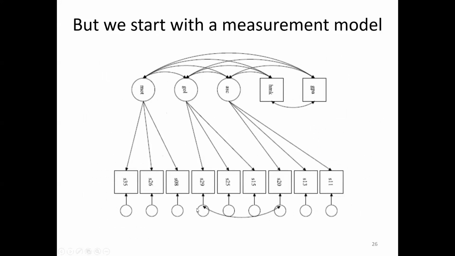We've got a correlation between the errors of items 20 and 29, which was suggested in our single group analysis. This is the measurement model that we're going to fit, and we're going to look at between group differences, boys versus girls.